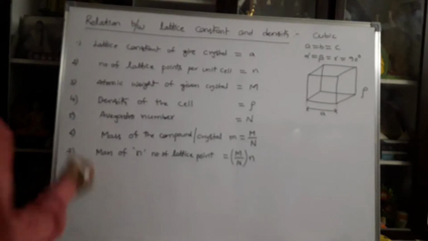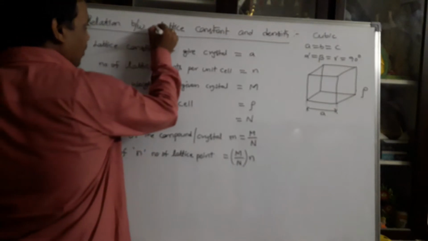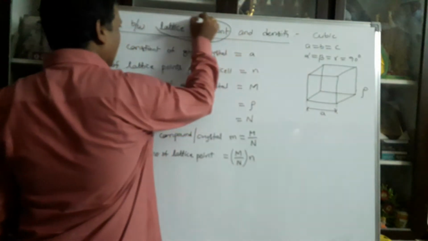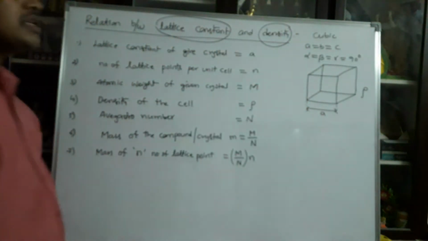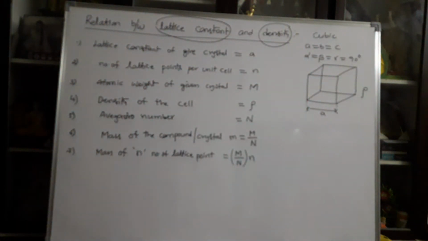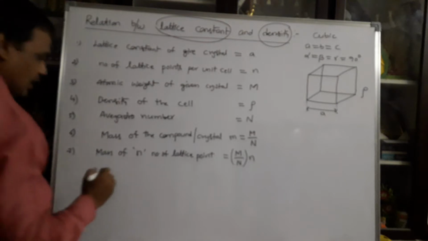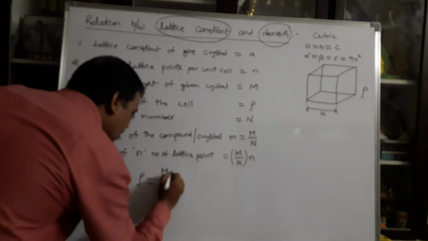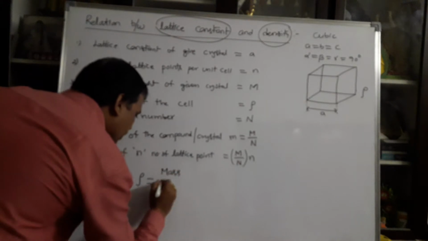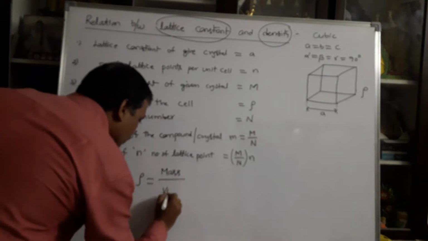What is the relation between lattice constant and density? What is the basic definition of density? Density is always written as mass per volume.